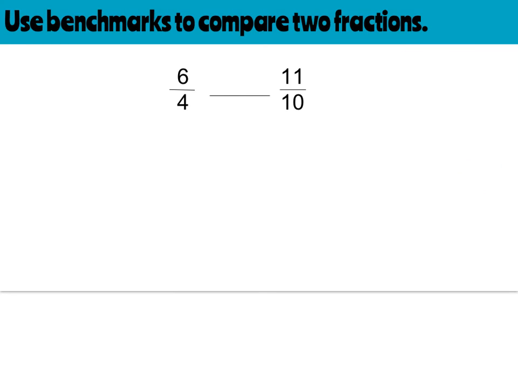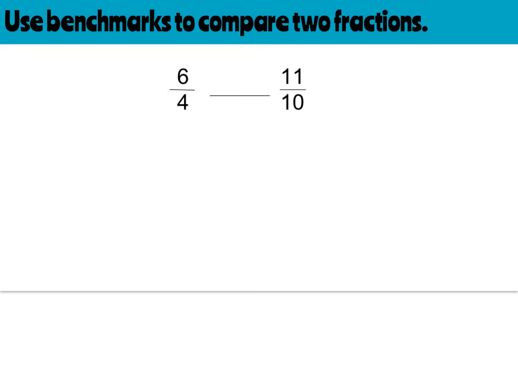Okay, 6 fourths compared to 11 tenths. I'd like you to use benchmark fractions to compare these two fractions. When you're done, press play on the video. Okay, I'm going to start by writing 6 fourths and 11 tenths as mixed numbers.